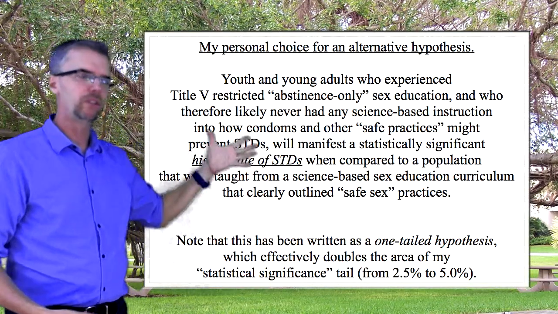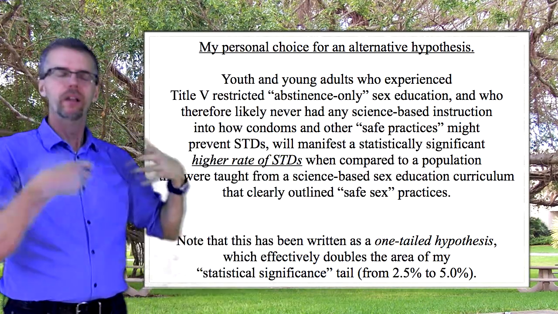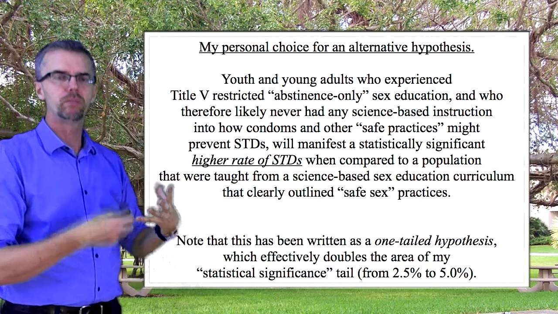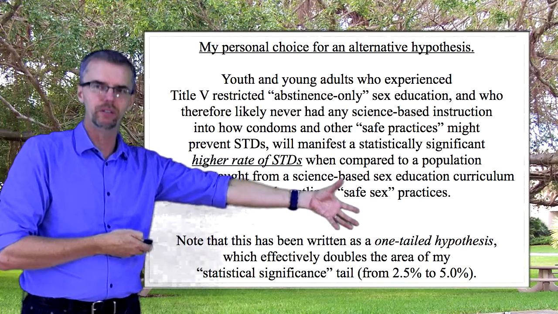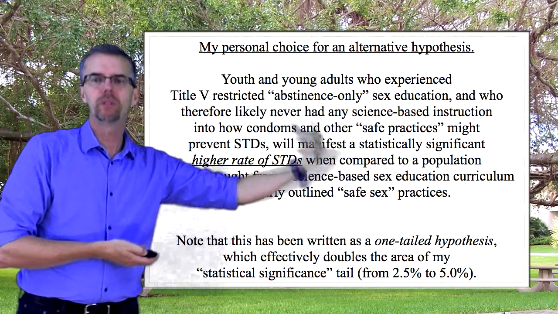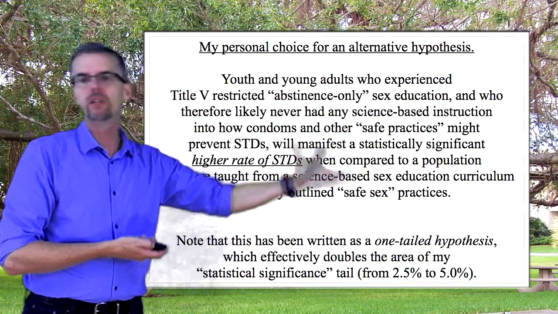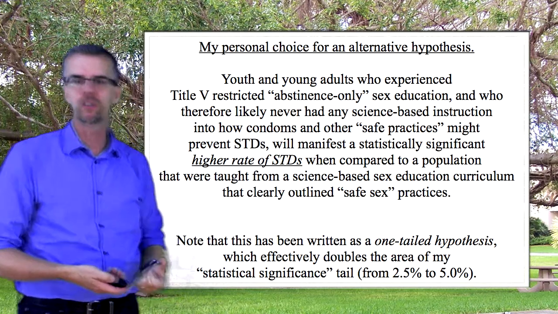My hypothesis says, you know what, I'm only looking at the top end here, because the nature of my research is primarily oriented towards looking for a higher rate of STDs. So I doubled the size by just looking at the top tail. I get to double the area from 2.5% to 5% in the region of rejection.